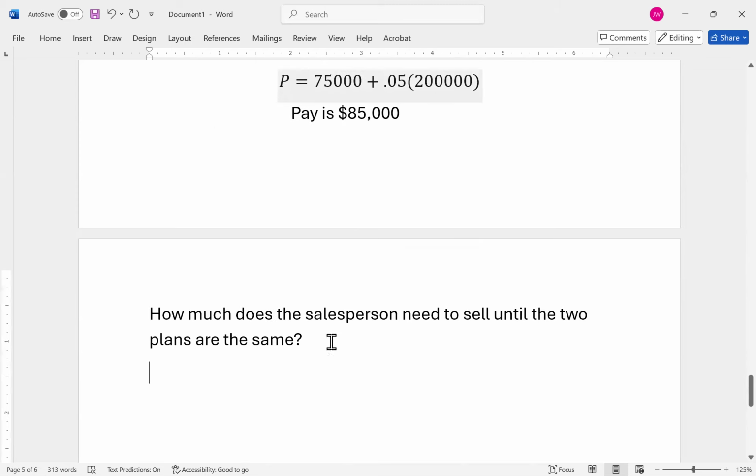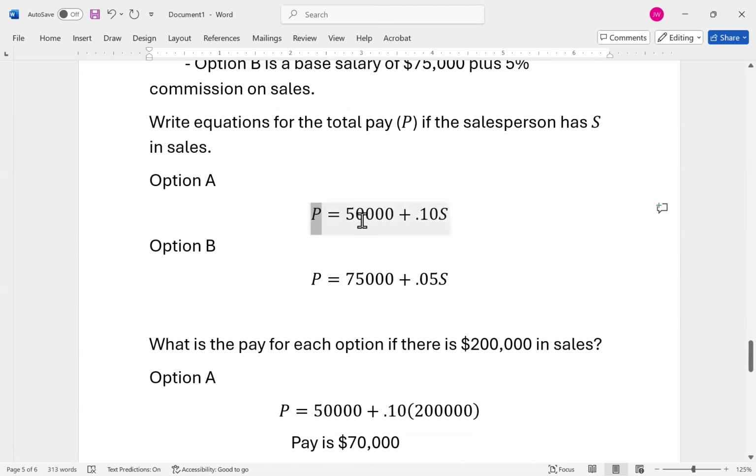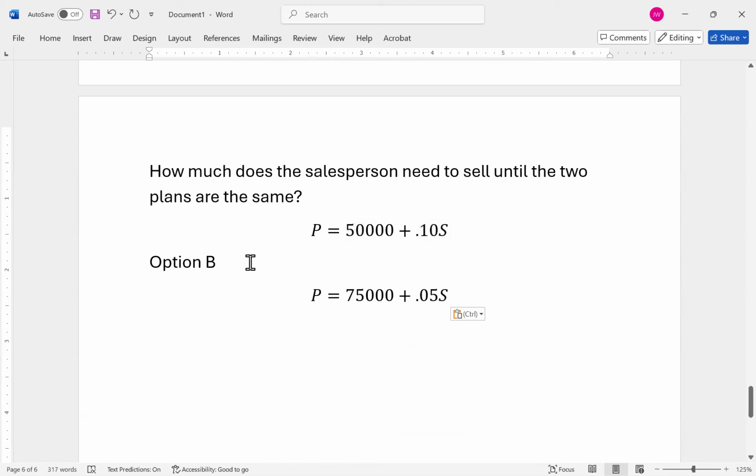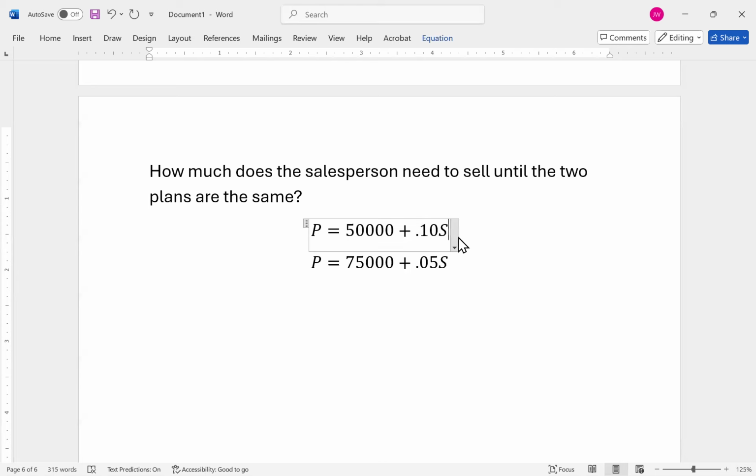The way you do this is you simply take both equations and set the outputs equal. So we'd say 50,000 plus 0.10s is equal to 75,000 plus 0.05 times s.